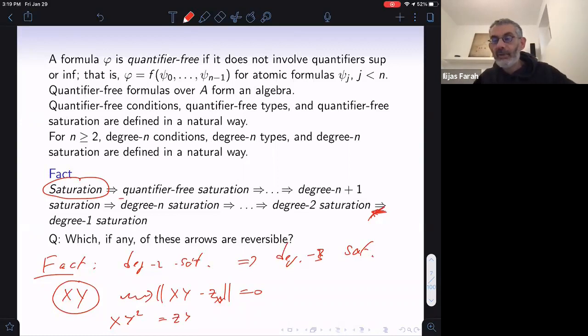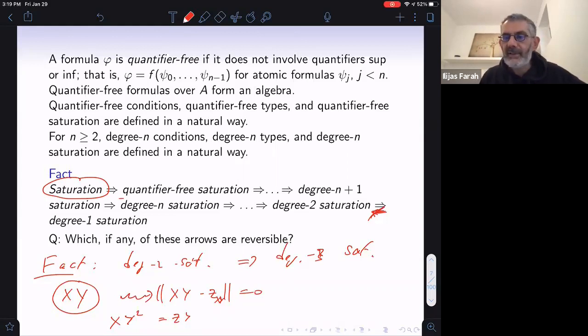You just do it in countably many steps to remove all the higher products, and show in that way that every degree 3 type is equivalent to a degree 2 type which has additional variables. But additional variables are not really a problem. Even if you end up with countably many variables, it is not a problem, because as we saw, you can always handle countable types.